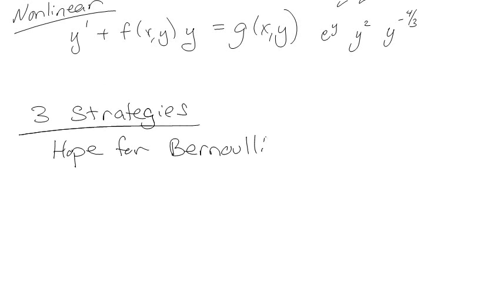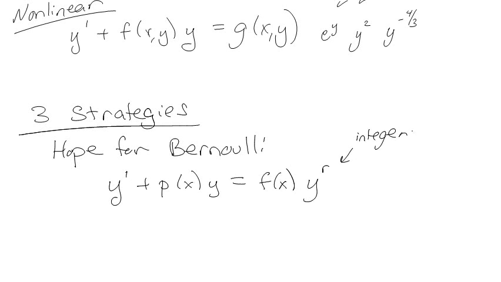If you have a Bernoulli equation, it looks like this: y prime plus p of x times y equals f of x times y to the r, and r is an integer. Or I think it actually could be a real. I'm just going to say integer, real maybe? I don't know. But at least definitely an integer.